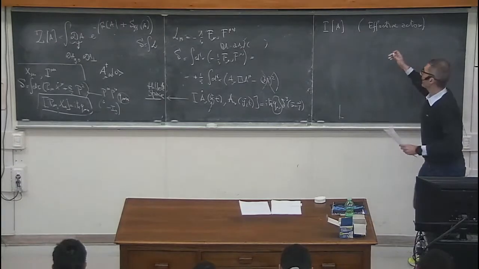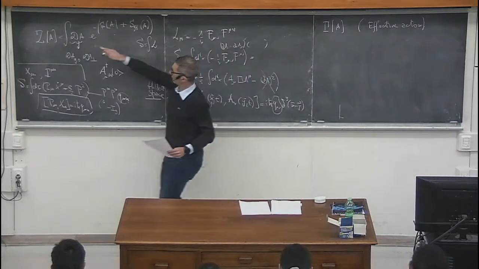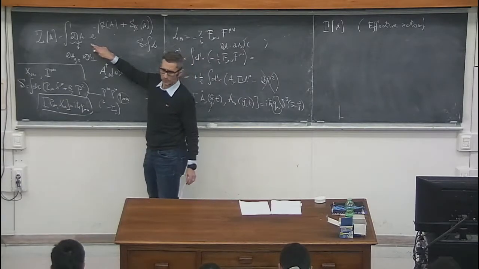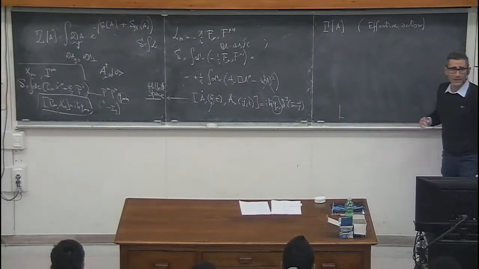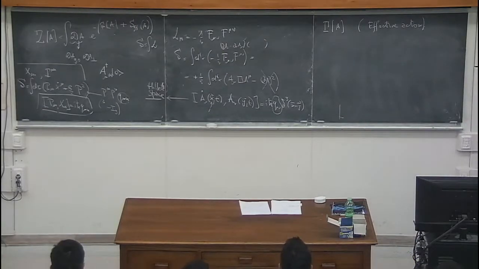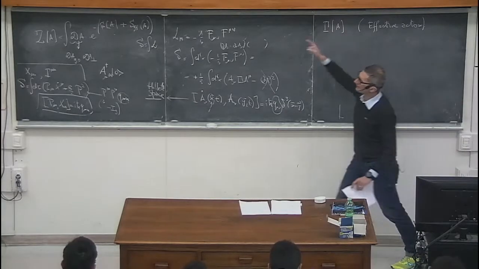There are two ways to define this effective action. One way is to define it from the path integral directly, or you define it in terms of Feynman diagrams, the one particle irreducible Feynman diagrams, which allow you to define this quantity. And they are related.